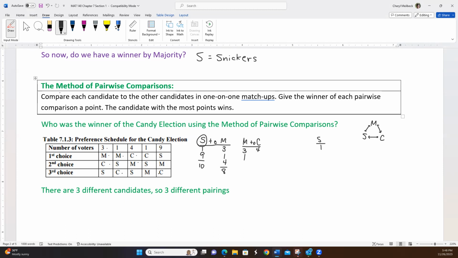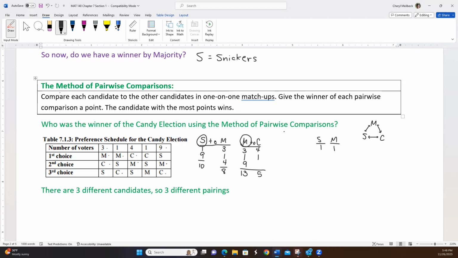Here, C is going to get the 1 point. In my last column, M is ahead of C, so M gets all 9 of those points. C was ahead of M 5 times, but M was ahead of C 13 times. So M won that round, and M gets a point for winning that round.